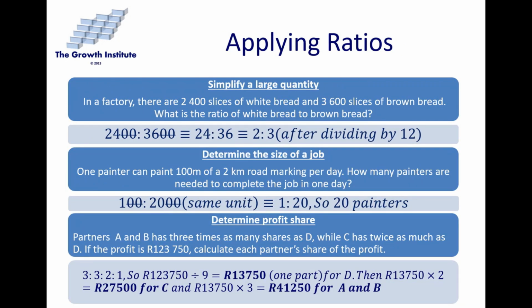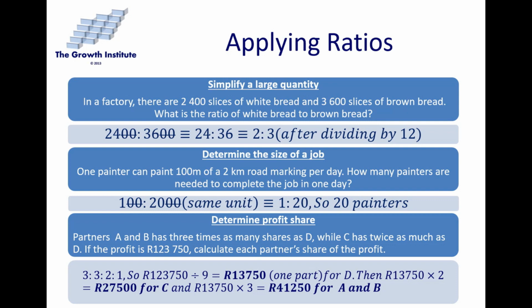How do we apply it? The first way we can apply it is by simplifying a large quantity. So here it says in a factory, there are 2,400 slices of white bread and 3,600 slices of brown bread. What is the ratio of white bread to brown bread?